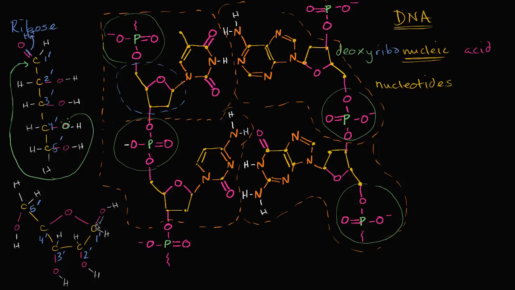So this hydrogen proton is that hydrogen proton right over there. And this green bond that gets formed between the oxygen that's attached to the 4' carbon and the 1' carbon, that's this bond right over here.